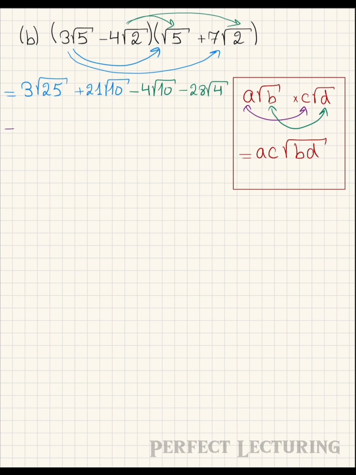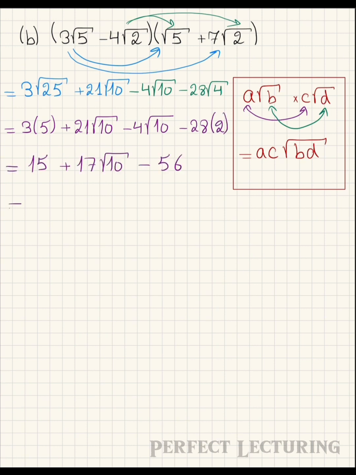Now 25 is a perfect square, so it becomes 5. 10 remains as is, we cannot take out any factor of it. And finally, 4 is a perfect square, so it becomes 2. So the final answer is negative 41 plus 17 square root of 10.